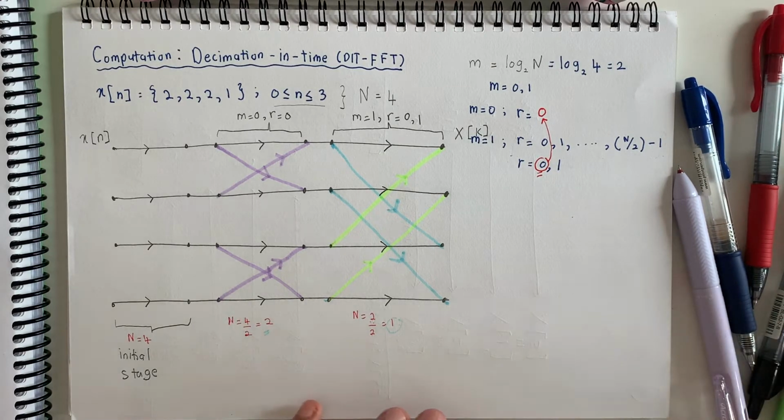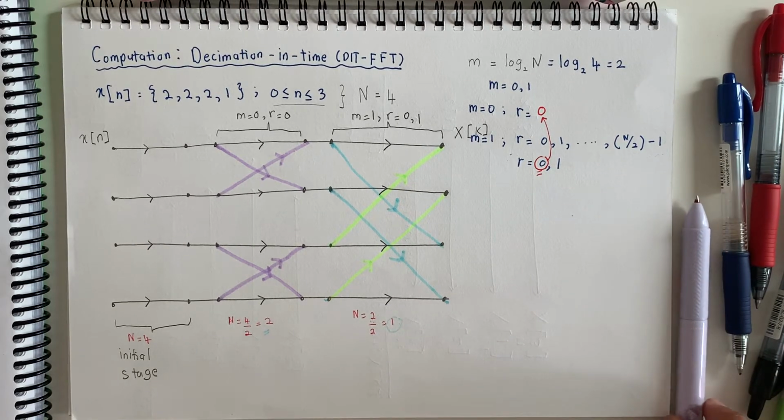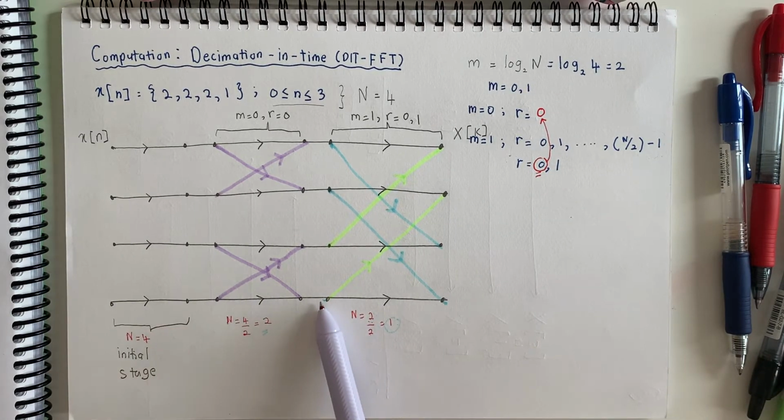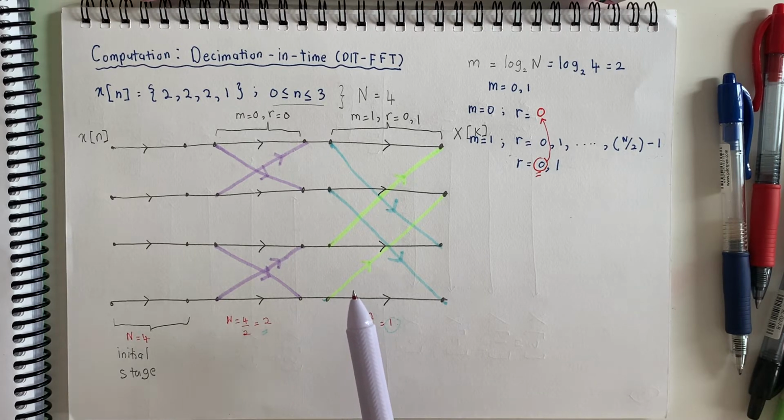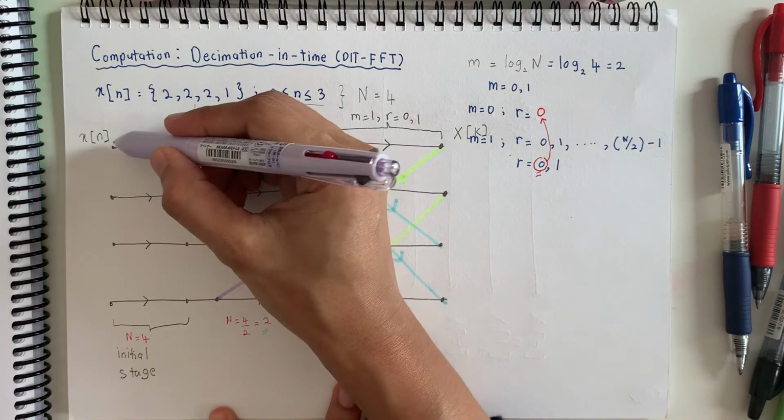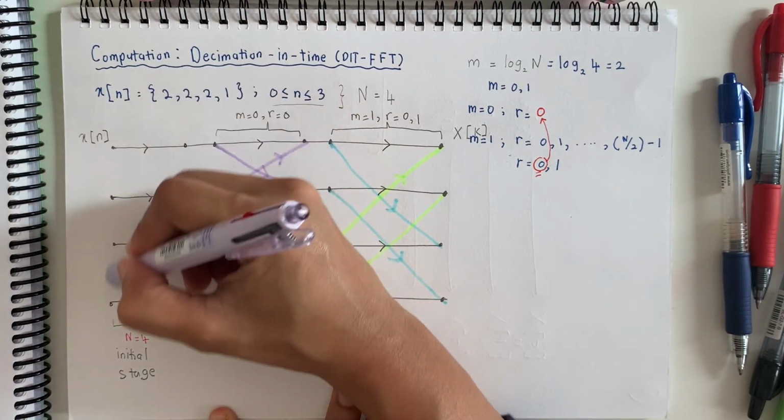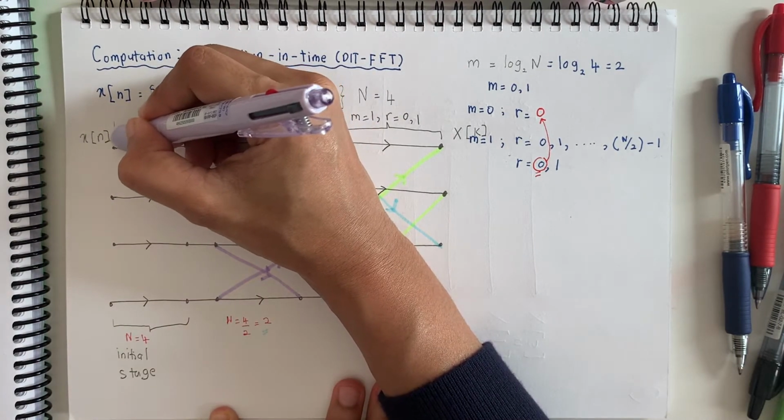Maybe some of you wonder why we have a small connector. This small connector is to avoid confusion when we do the calculation. So what happened? This node is actually our input node.